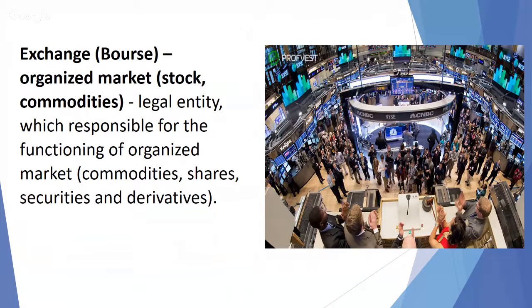We can pick out two main types of exchanges: stock exchanges such as NYSE, Nasdaq in the USA, Euronext in Europe, and exchanges, for example, in Tokyo, Singapore, etc. And the second one is the commodities exchange, such as the commodities exchange in Chicago.